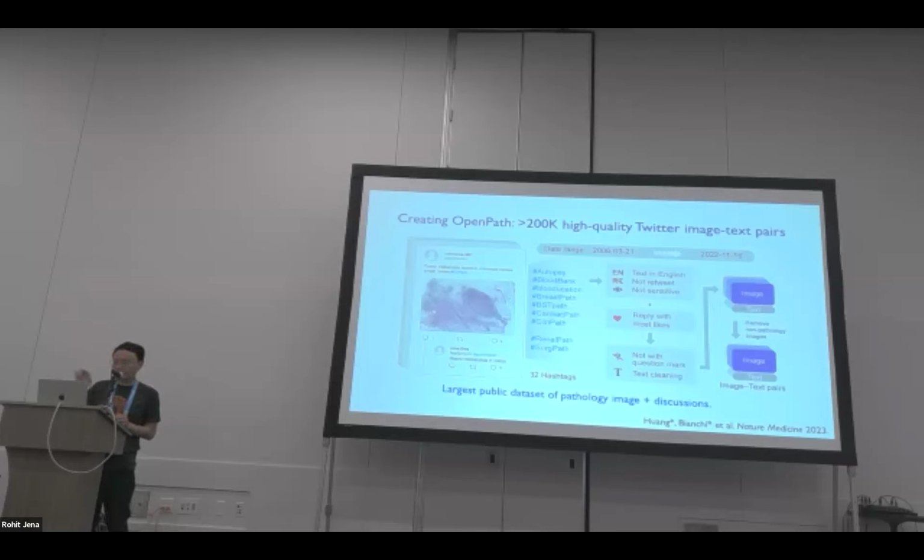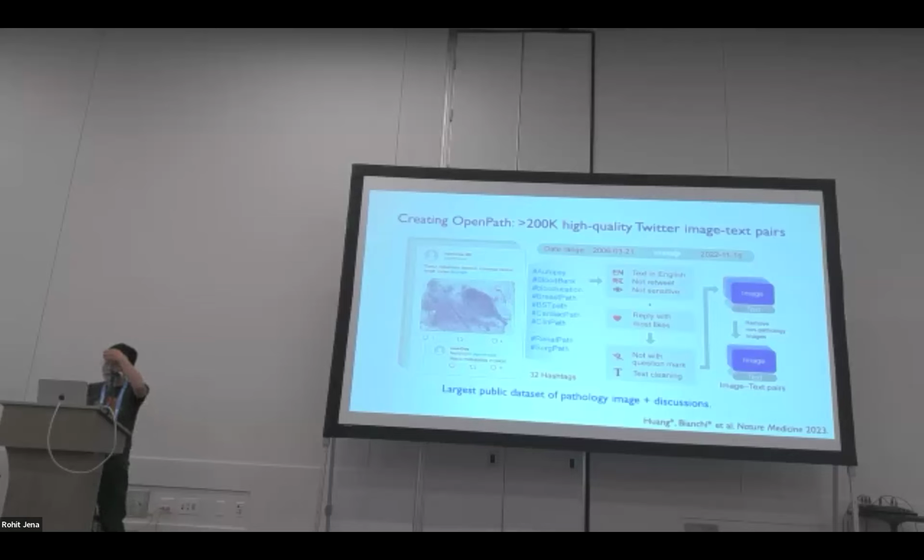After many rounds of filtering, we still have several hundred thousand high quality Twitter threads, where each thread has one or more pathology images along with the corresponding interpretations and conversations by multiple experts. That's the high quality demonstration data we can collect to fine-tune multimodal language models, for example.